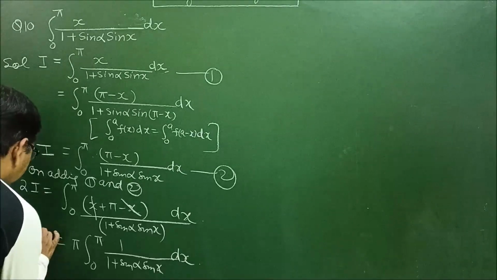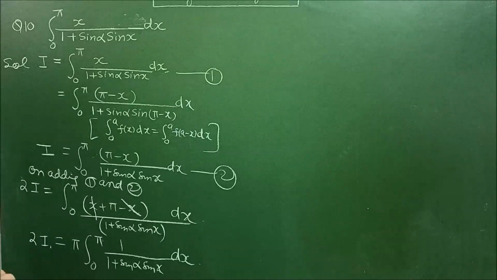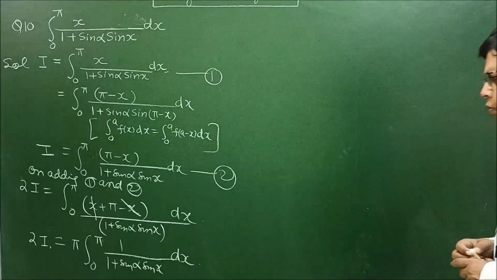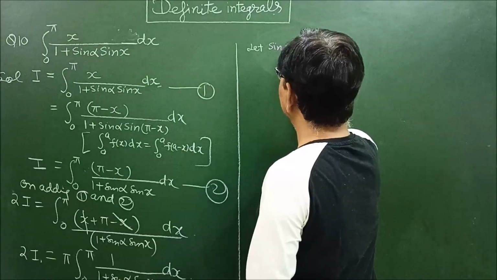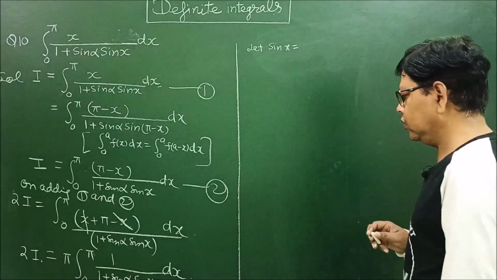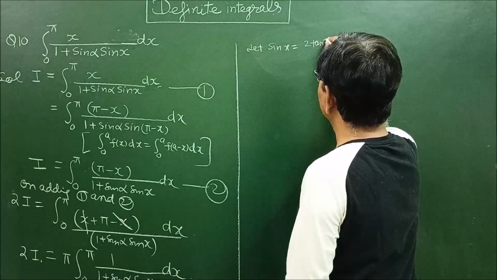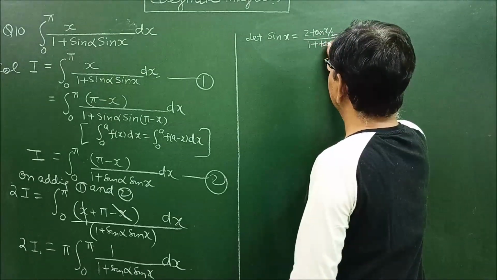So 2I is equal to pi, integral 0 to pi. Now sin x is equal to 2 tan x by 2 upon 1 plus tan square x by 2.